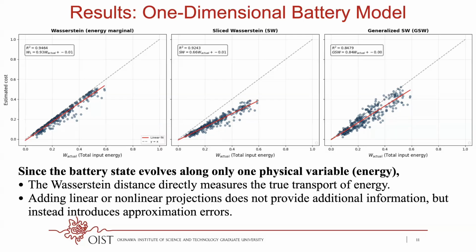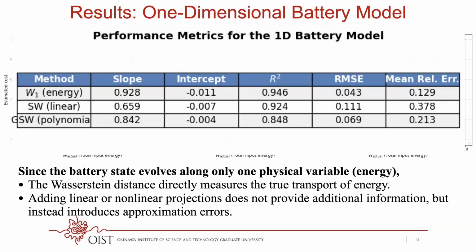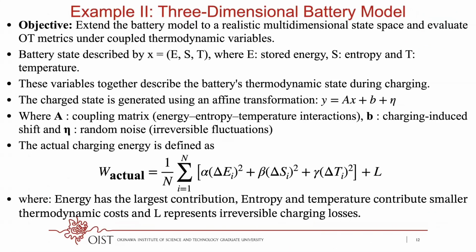Next we are going to talk about the three-dimensional battery example, and before that you can see the performance data here. For the three-dimensional battery example, we have considered three parameters: energy, entropy, and temperature. These variables together describe the battery's thermodynamic state during charging.